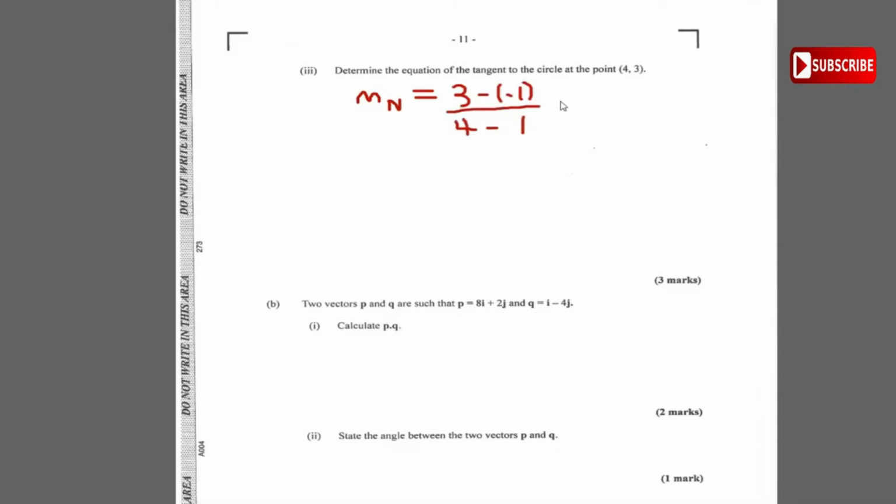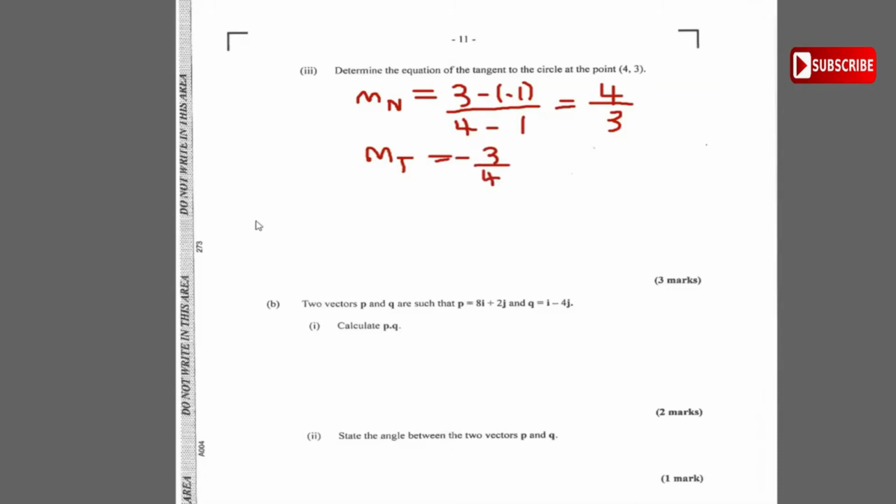So this is going to give us the gradient of the normal. 3 minus minus 1 is 4, and so that is 4 over 4 minus 1, which is 3. And so if the gradient of the normal is 4 over 3, then the gradient of the tangent is minus 3 over 4. This is then the gradient of the tangent.